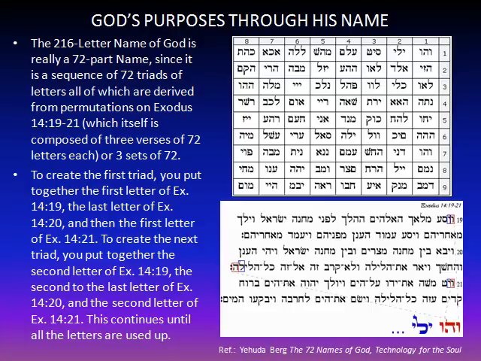To create the next triad, you put together the second letter of Exodus chapter 14 verse 19, and then the second to the last of Exodus chapter 14 and verse 20, and the second letter of Exodus 14:21. This continues until all the letters are used up. This reference is from Yehuda Berg's The 72 Names of God: Technology for the Soul.